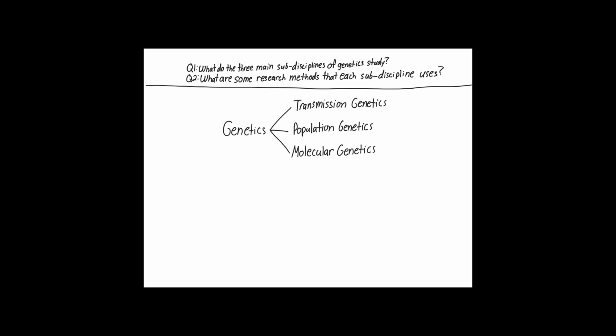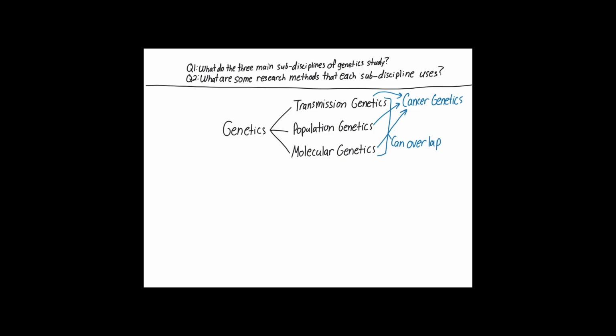Keep in mind that these three subdisciplines of genetics that we've discussed can and do overlap. For example, cancer genetics often involves determining the function of genes that regulate cell division, and whether cancer-causing mutant alleles are passed from parents to offspring, and how common these alleles are in the human population.